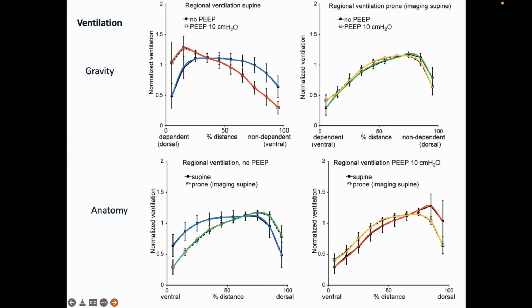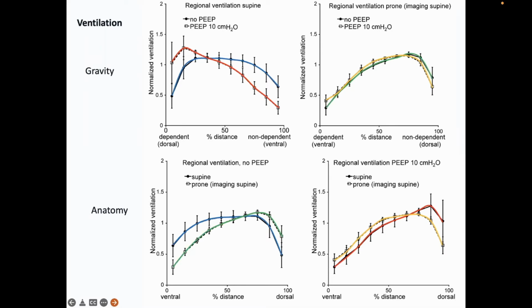Okay. Now, let's look at the ventilation in prone on the right upper graph. 0 PEEP, again, is the green line, and 10 PEEP is the yellow line. And you can see now that the ventilation between 0 and 10 PEEP looks similar.